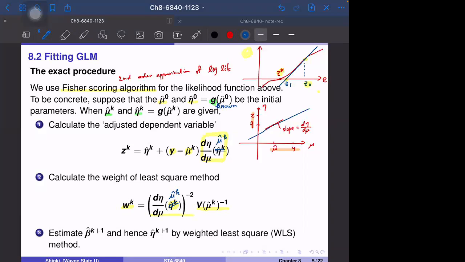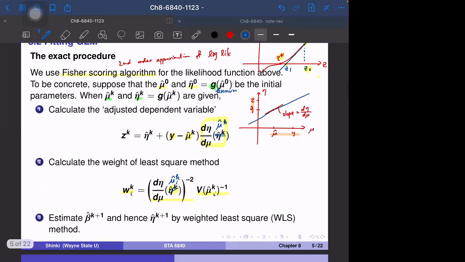And so the weight wk is defined by this, and it depends on the observation. If we have n observations, then we have wki, with the i-th term for each, so we have n different weights, one for each observation.